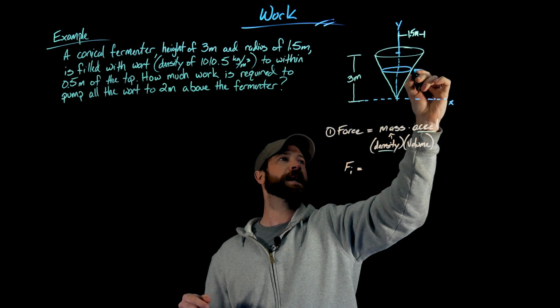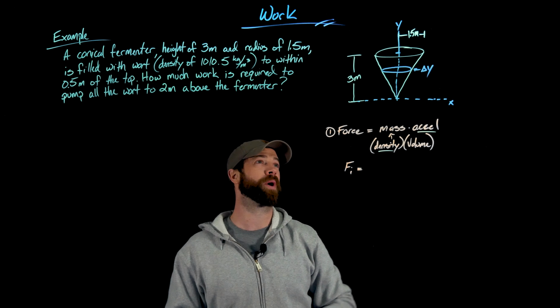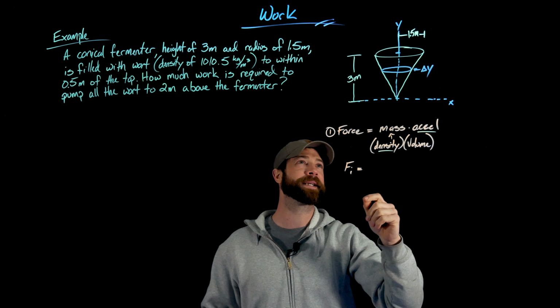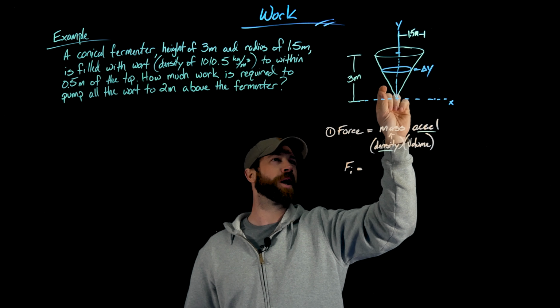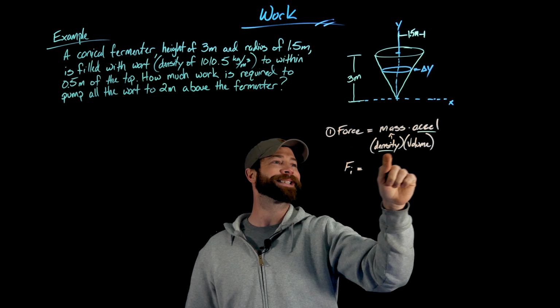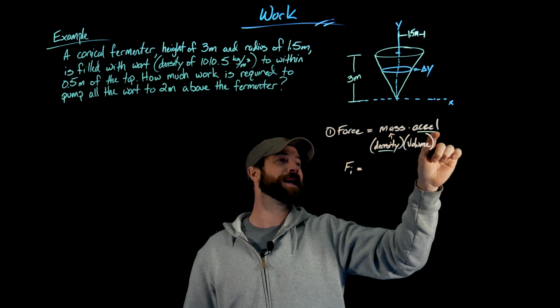You'll note that this has a thickness of delta Y. So I'm looking at these washers, and my goal when creating this force function is, for each of these little washer slabs, to define this function based on the density times the volume times acceleration. We've seen a lot of examples like this in creating this slice right here.